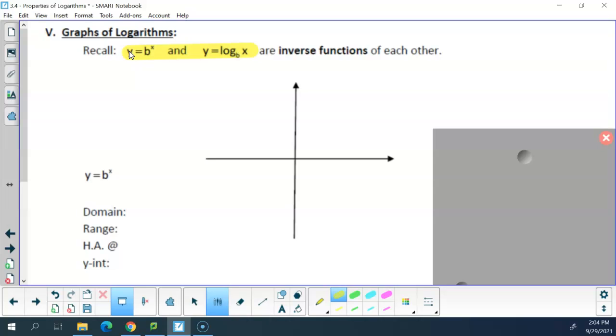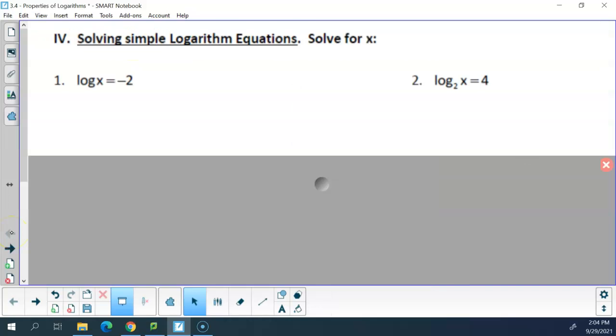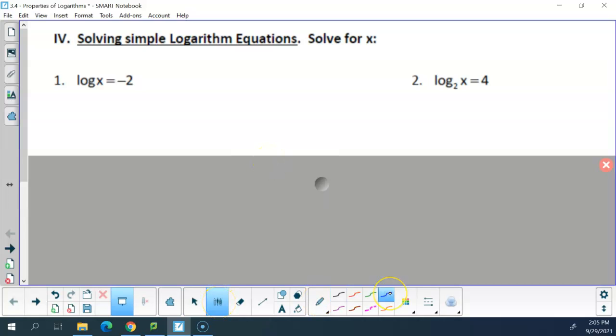If you don't know that, then you need to get that in your brain and have it tattooed on the back of your eyelids, so you see it when you're sleeping, all that fun stuff. Okay? That is extremely important. What this is saying is that if we are in exponential form, y equals b to the x power, we solve that by changing it to logarithmic form.